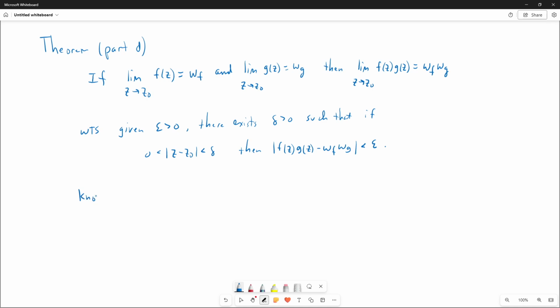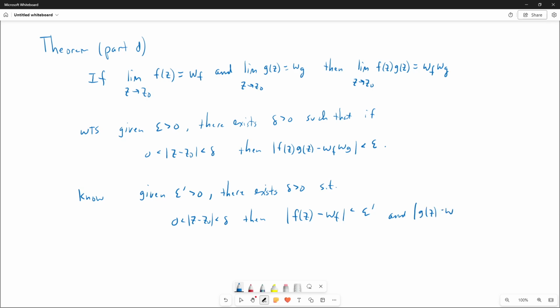So what we know is that given any number epsilon prime positive, there exists a delta bigger than 0 such that if the modulus of z minus z0 is less than delta, then the modulus of f of z minus wf is less than this epsilon prime, and also the modulus of g of z minus wg is less than epsilon prime.